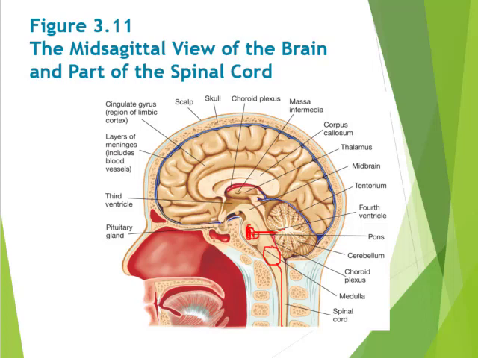Immediately above the third ventricle is the thalamus. And at the center of the thalamus is the massa intermedia. So here is the thalamus right in here, and at the center is the massa intermedia, and you can see the choroid plexus appears in red.